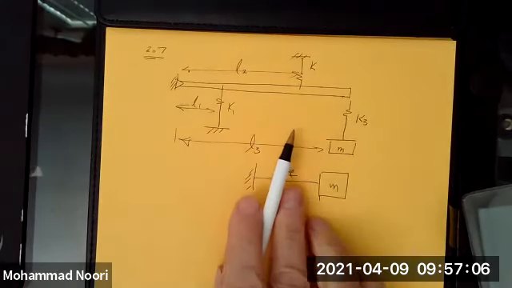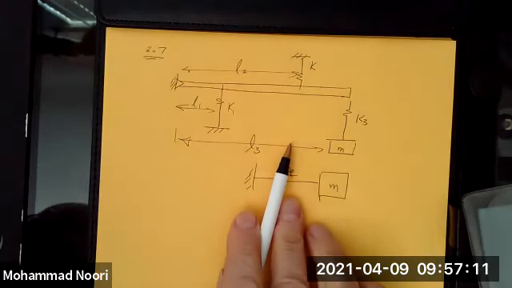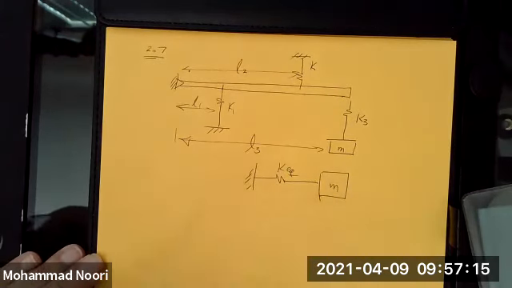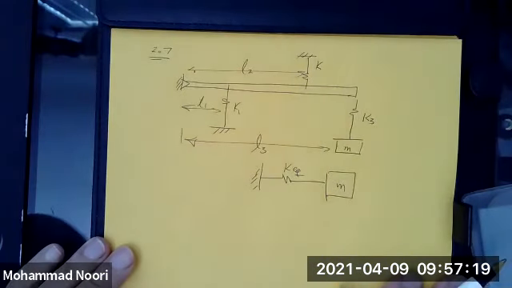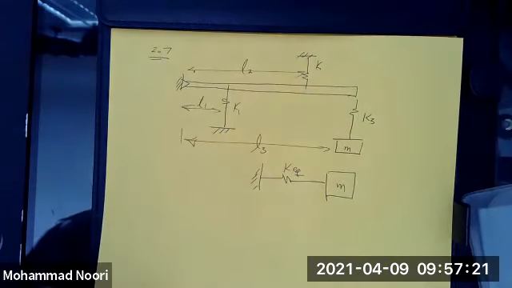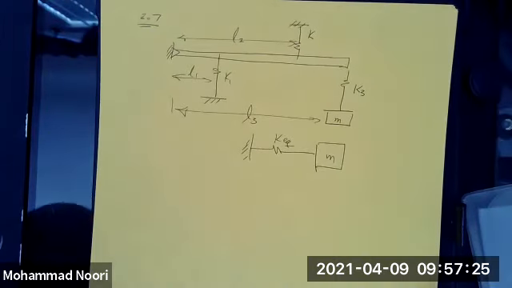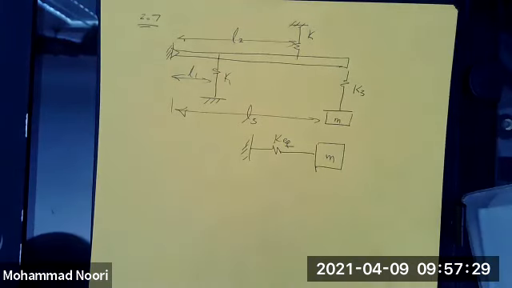This is very similar to the problem that I just did. How? In solving this problem, you use the concept of equivalent systems. Do you remember that in statics? The concept of equivalent system was what?